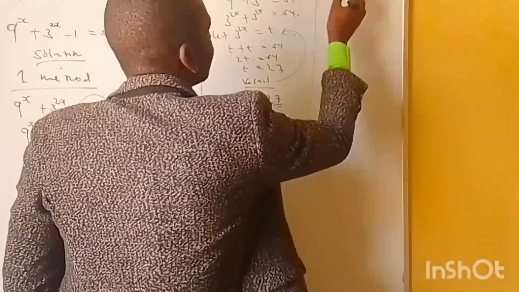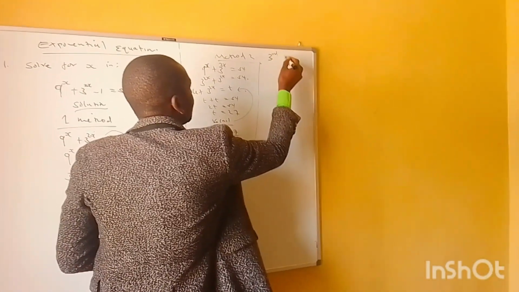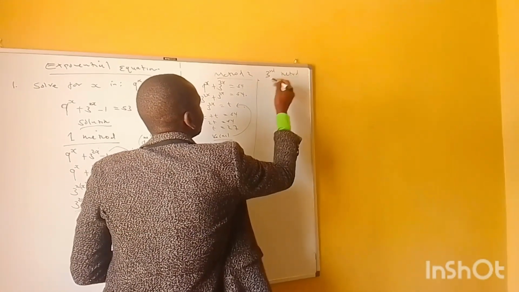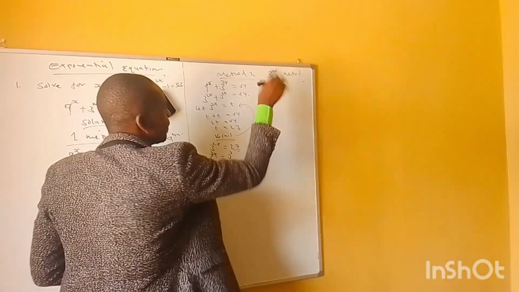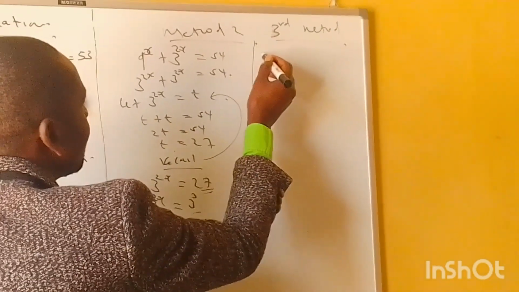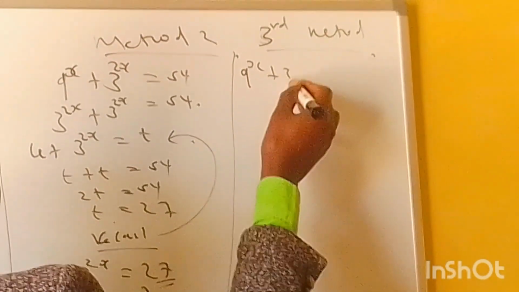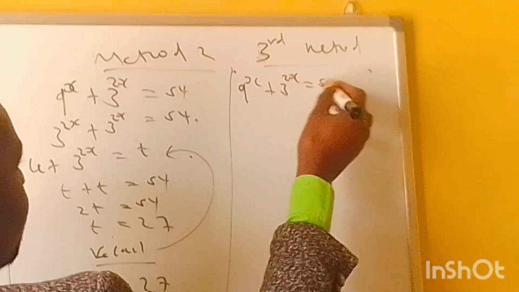The third method that we can also use, which is the last one. Once again, just take that 1 to the other side. So we have 9 raised to x plus 3 raised to 2x is equal to 54.